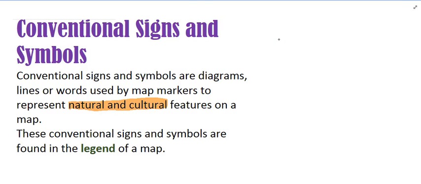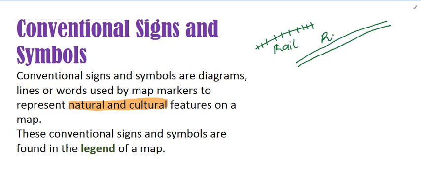For instance, in most maps, they use lines of this form to represent a railway, or they could use lines of this form to talk about roads, either a main road or, let me say, a federal road or whatever.